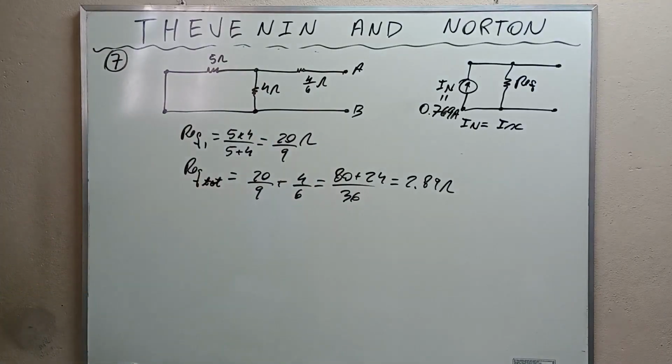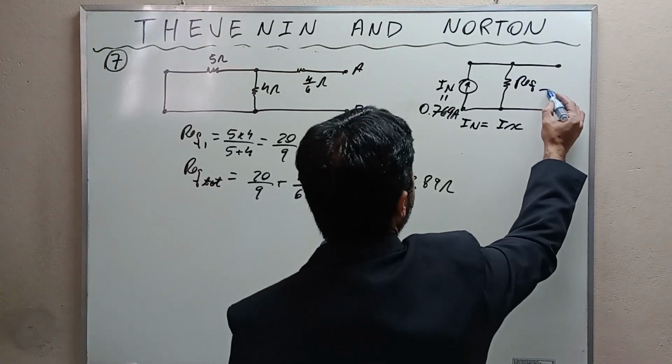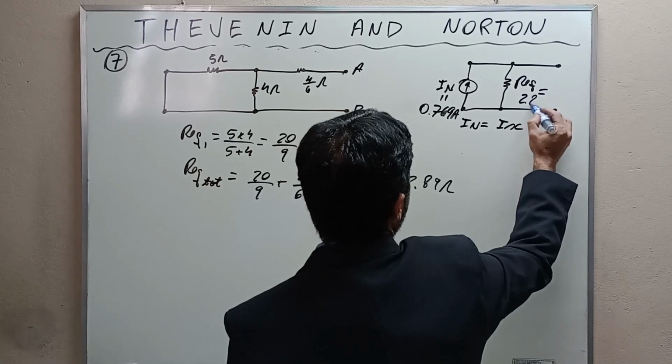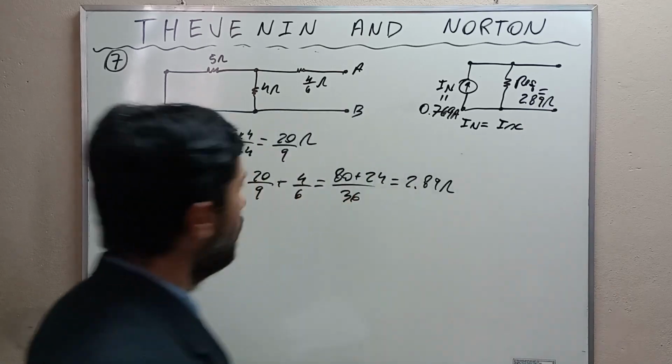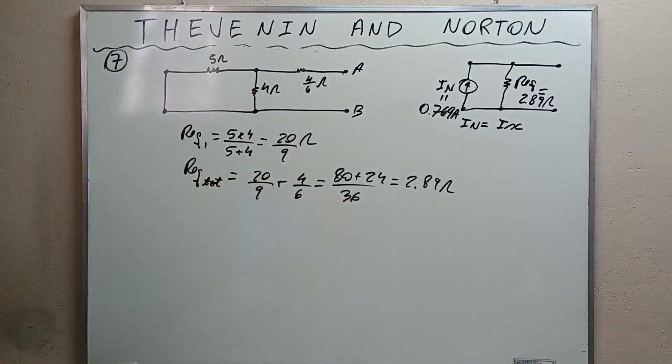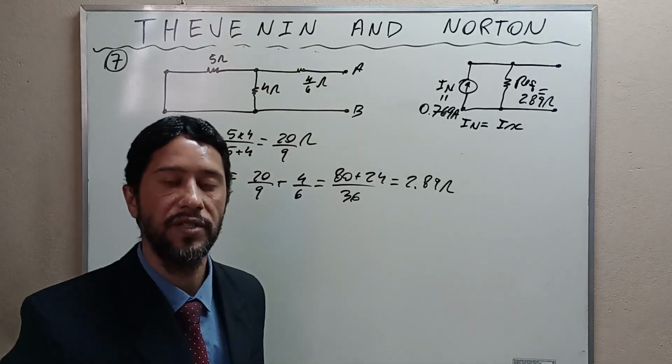Okay, and this is precisely the equivalent resistance. All right, and this is the Norton equivalent circuit for that network, my friends. And this is all for exercise number 7. Let's go to the last. Let's go to exercise number 8.